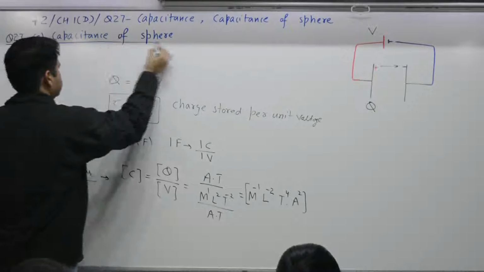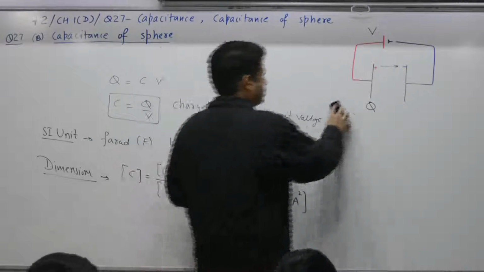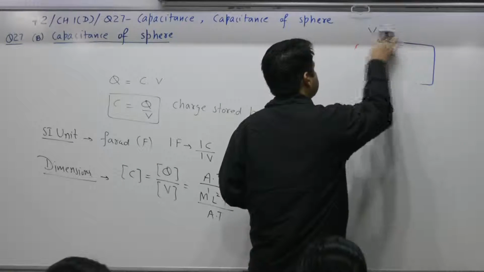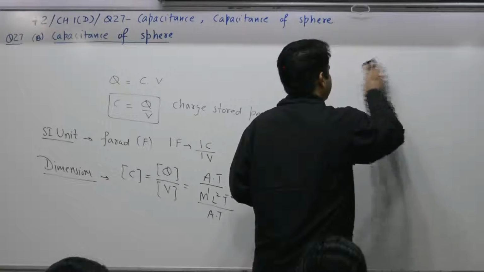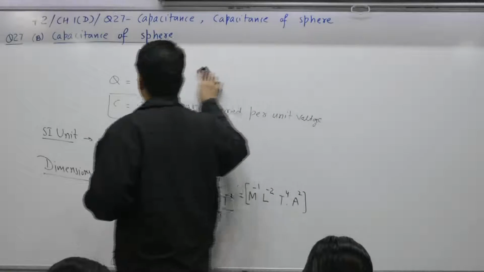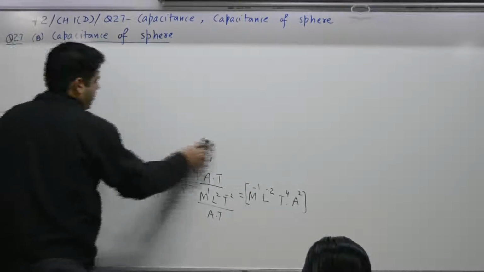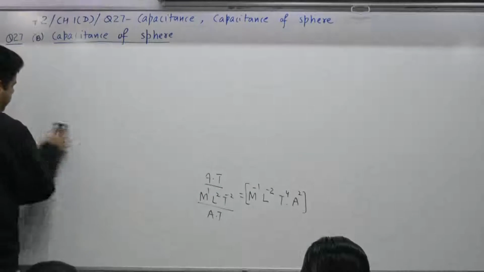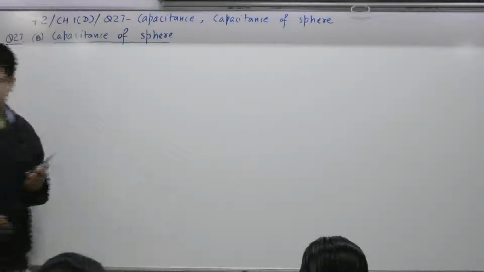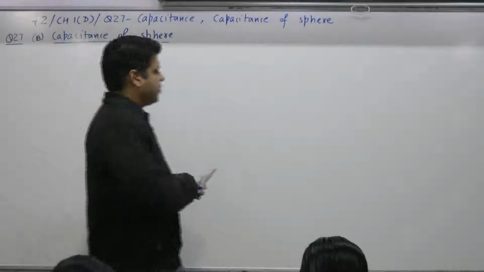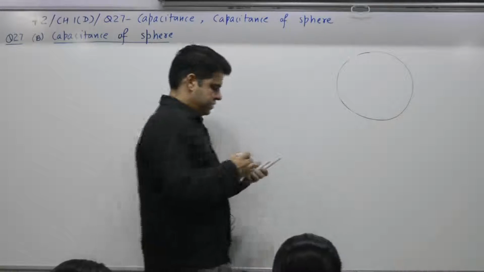B part deals with the capacitance of a sphere. If we have a sphere with no charge, there is no potential.